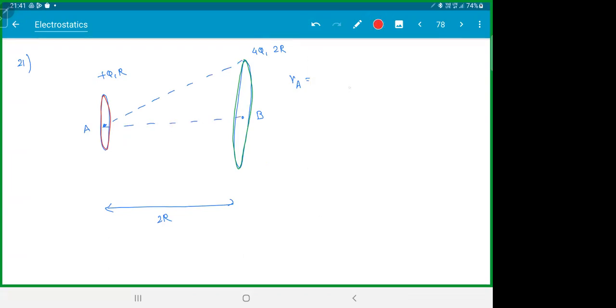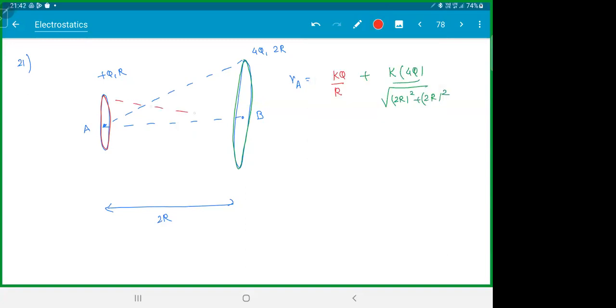So VA will be K Q by R due to the same ring, plus due to the other ring, K, charge 4Q, and this distance will be root over (2R) whole square plus (2R) whole square. That is the potential at A.